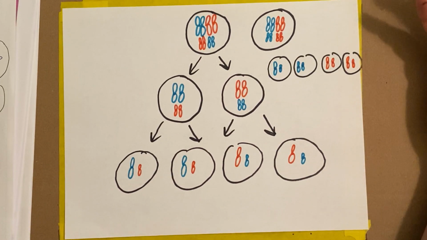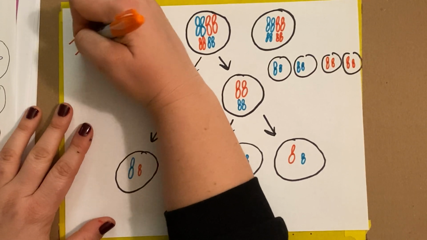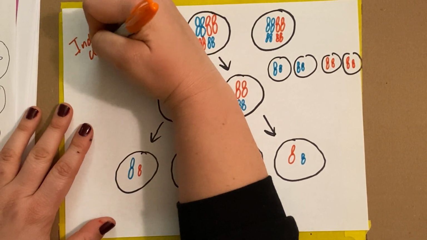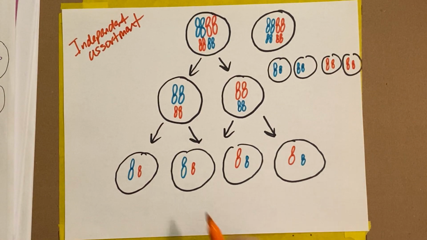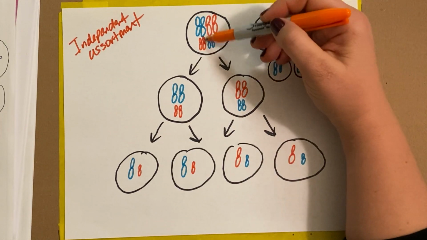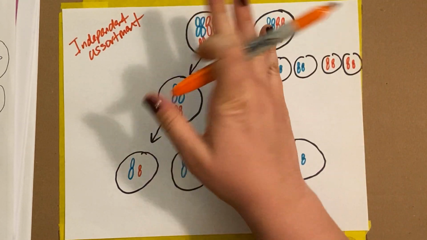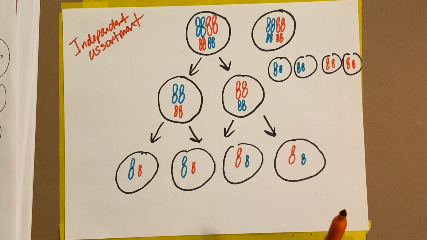So these are different types of ways that they can line up, which is called independent assortment. Okay, so it's random. The way that they line up is completely random. As long as they line up with their homologous chromosome and sister chromatids, it doesn't matter if you have blue on one side or orange on the other. It's going to add to this variation.